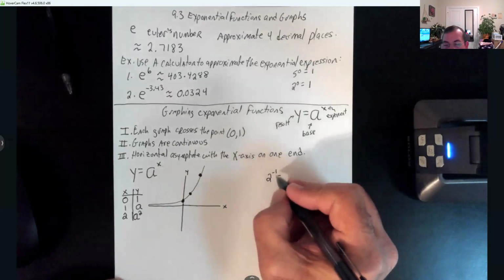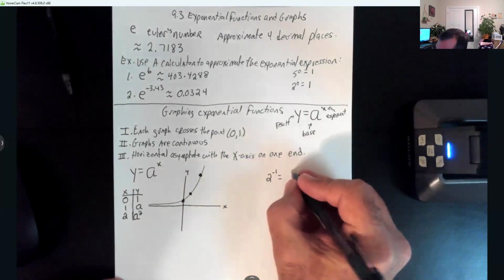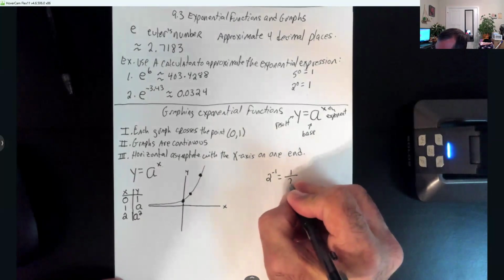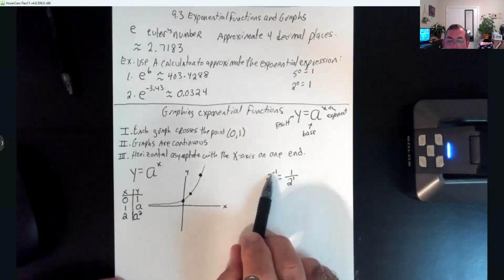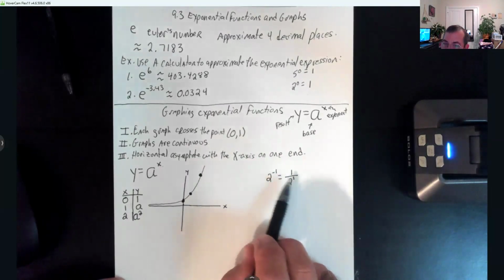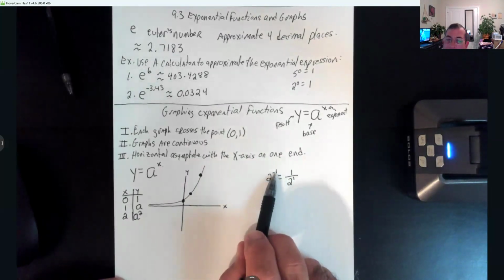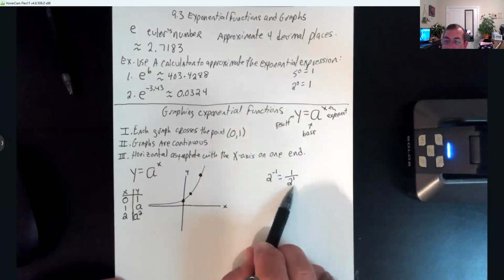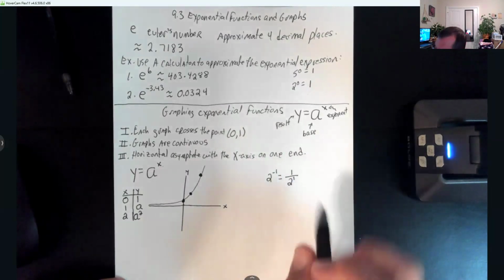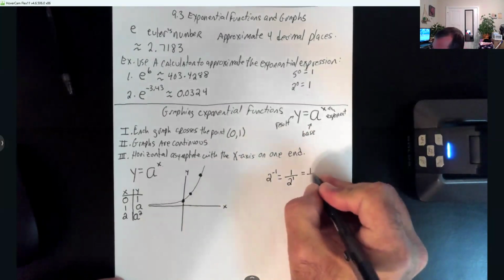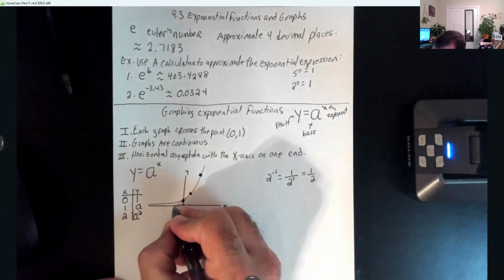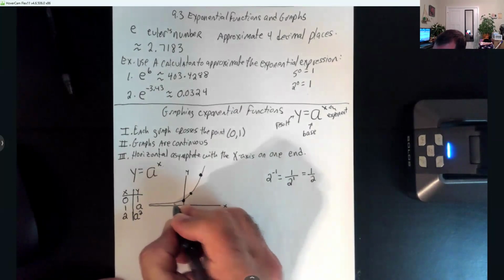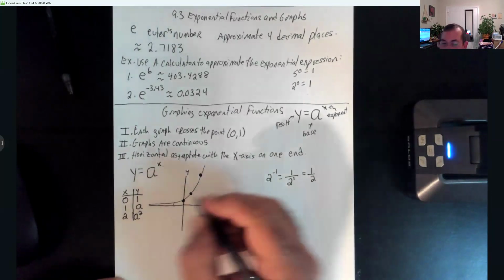All right, so to make an exponent positive, you put the whole expression under a 1. So you don't change nothing but the sign of the exponent. So that's how their exponents tend to disguise. And then 2 to the first on the bottom, this just gives me 1/2. So over here at -1, I would be at 1/2. So see how it's coming down?